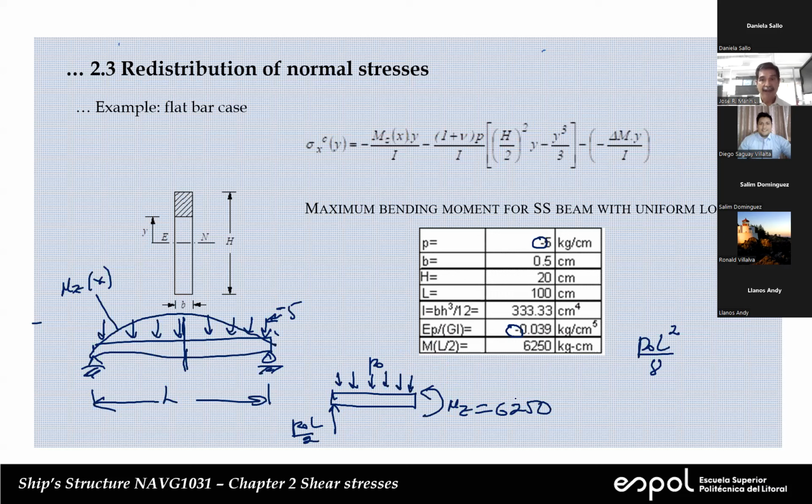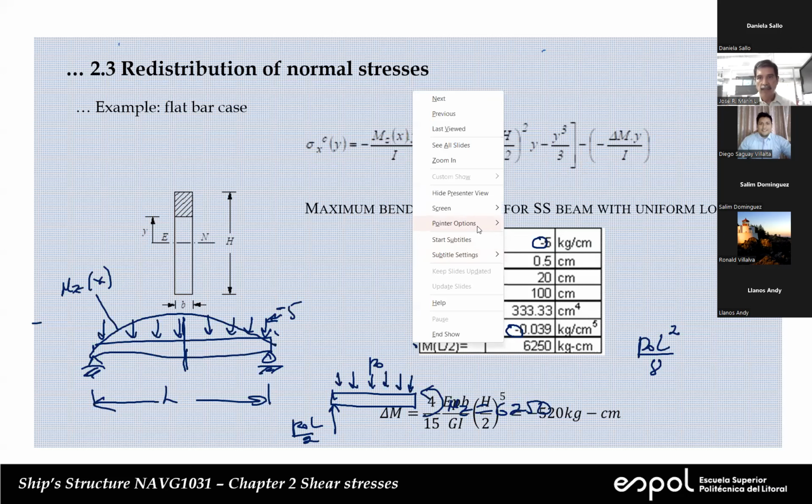Okay, now let's apply our formulations for this case. I'm sorry, you cannot see. Here, I apply the formulation for delta M that we had before, and this is the value that we obtained.